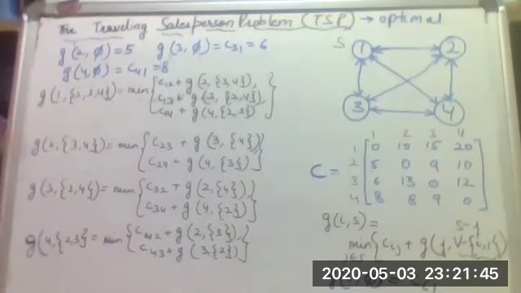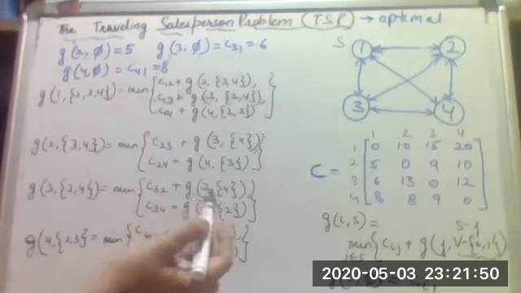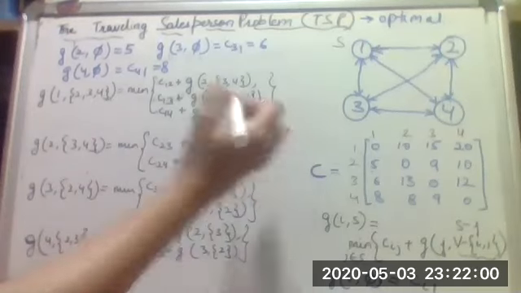Now to calculate all these values so that we can calculate this, we need to find out these 6 individual values. So these values will be equal to, now G34, let's start from the first one.